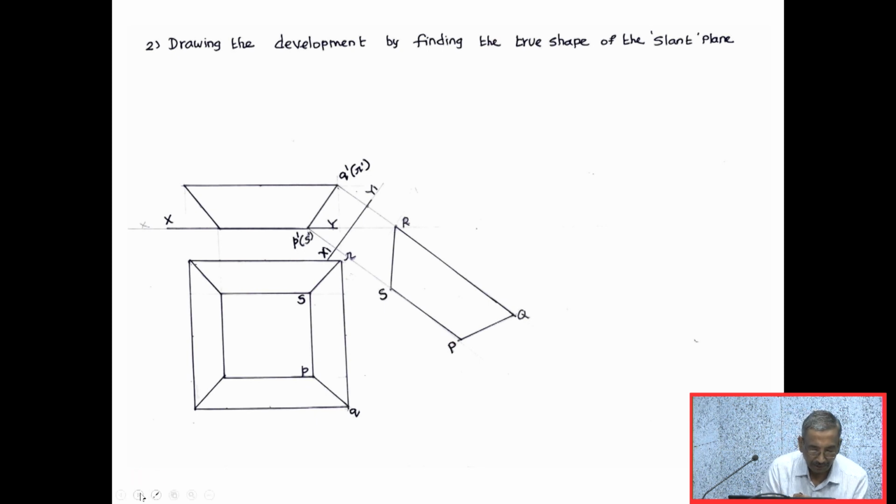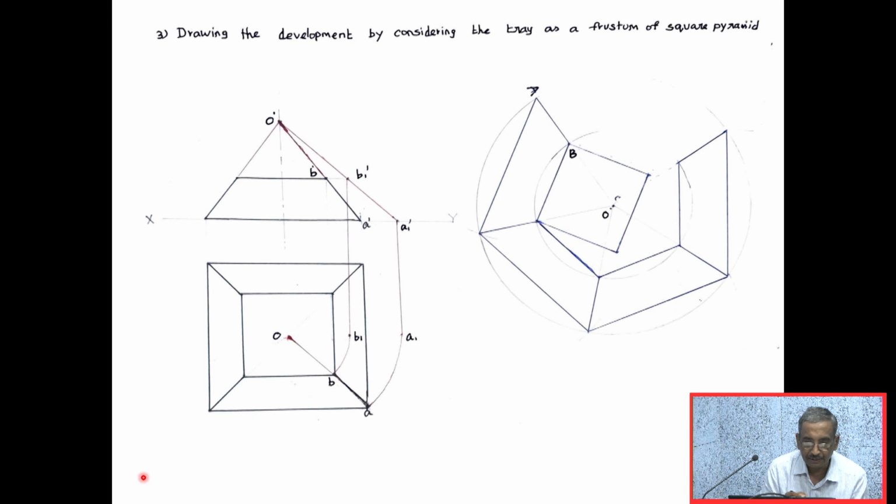The third method, what we'll be seeing is drawing the development by considering the tray as a frustum of a square pyramid. So if you see a tray like this, I can keep it upside down. Thereby, it becomes a square pyramid which is cut by a horizontal plane. So we can call this as a frustum of a square pyramid. So that is what I have done here.